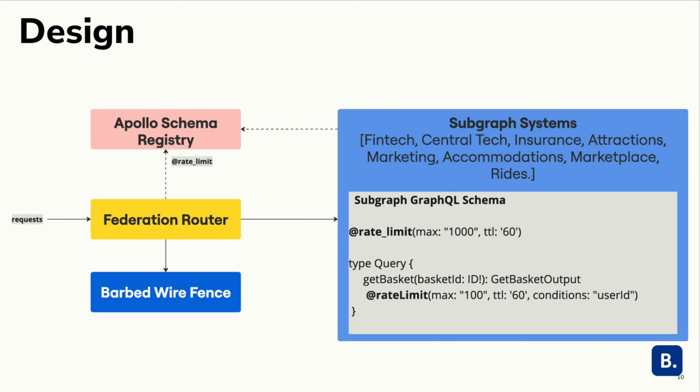This directive accepts very simple options. You can configure the max request number and the TTL, which is the time window for this max request number, and you can have a condition. The condition is for the schema owner to differentiate traffic groups.